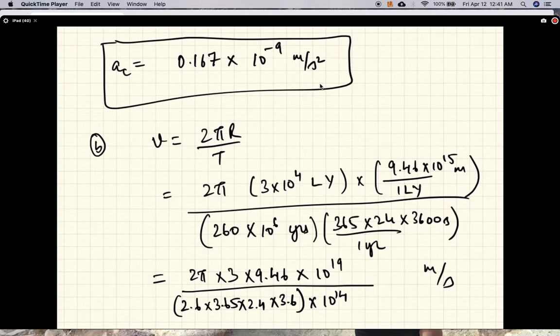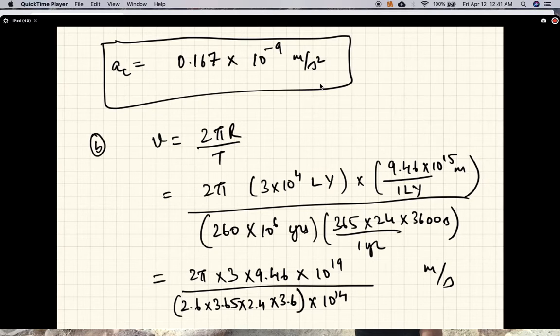All right, so let's add another page below. Okay, and what does this work out to? That's 10 to the power 5, since 19 minus 14 is 5.